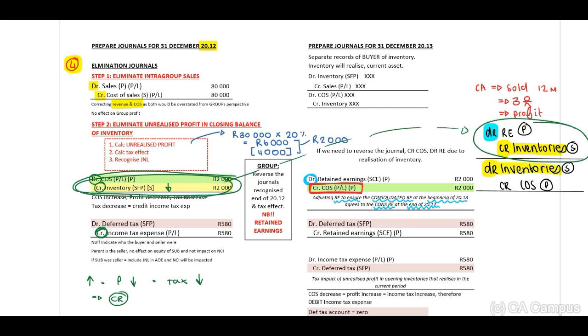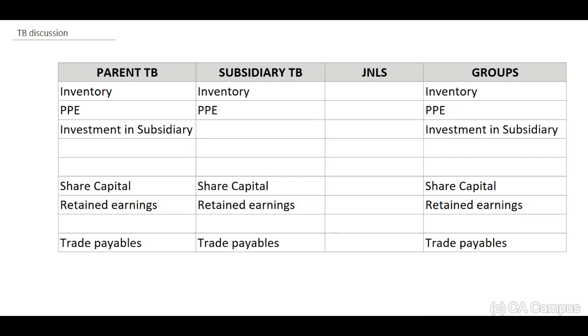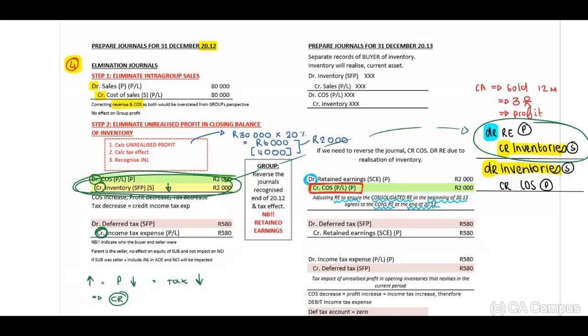Why? Because if we do not do this, this will still be included via that journal entry in our inventory, or not included, but the credit. Right. Therefore, we now debit this to eliminate that credit due to the fact that they've sold this to a third party.